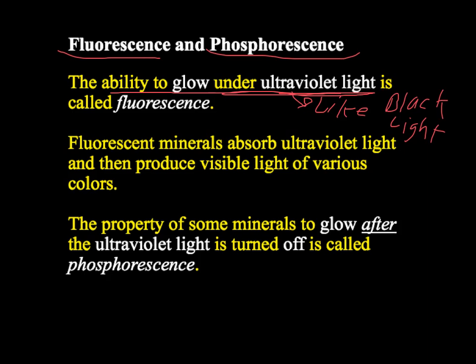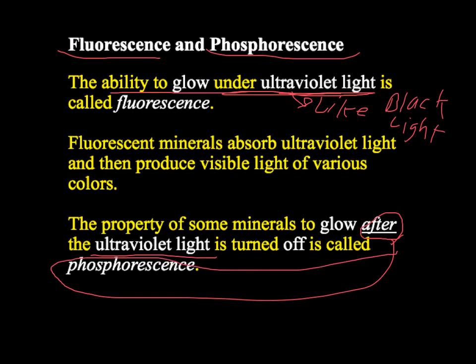Others will absorb that ultraviolet light and they will continue to glow after the light is turned off. And that's phosphorescence. So phosphorescence is glowing when the light is off. Fluorescence needs the light to be on. So fluorescence is light on, phosphorescence is light off, when it will glow.